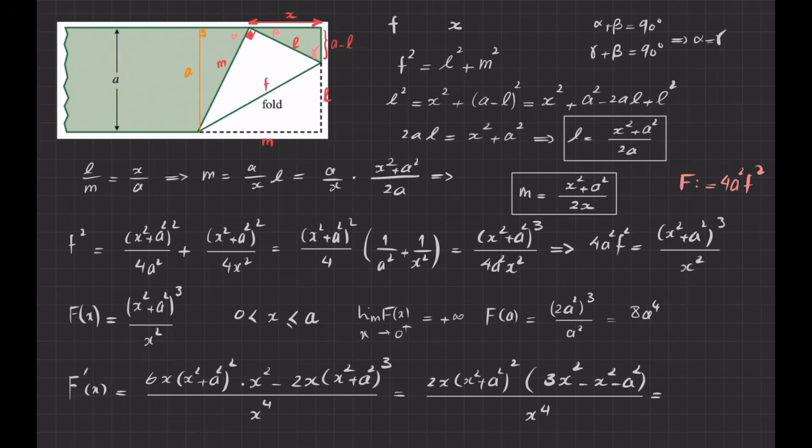Now I simplify it a little bit, so this becomes this quantity to the power of 2, and then you have 2x squared minus a squared divided by x to the power of 3. So that is the simplified version of my derivative.